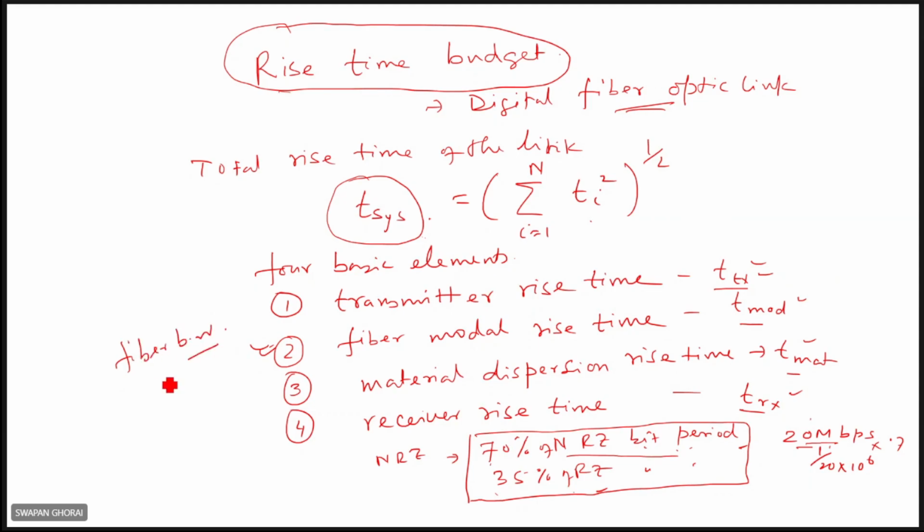So if you know the fiber bandwidth, then you can find out the fiber modal dispersion rise time. Actually, the fiber modal dispersion rise time depends on this fiber bandwidth. Fiber bandwidth is very difficult to find out because of the different sections of different fibers. But some empirical relations are there, right? One such relation you can see here for fiber bandwidth.